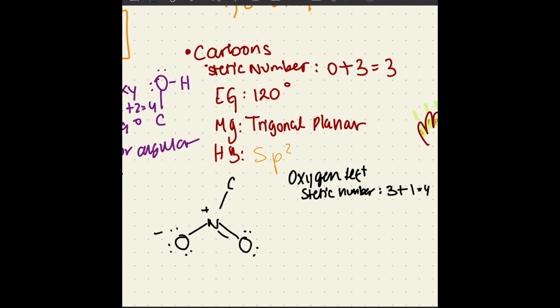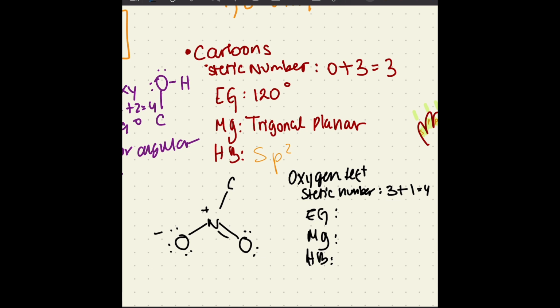For the electron geometry and molecular geometry, you go on your VSEPR table. Essentially, for steric number 4 and 3 lone pairs, that's going to give you linear for the molecular geometry.